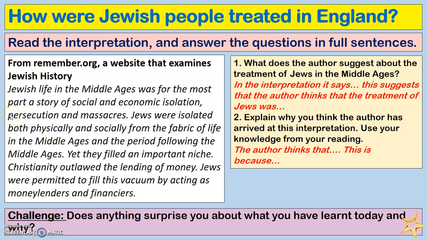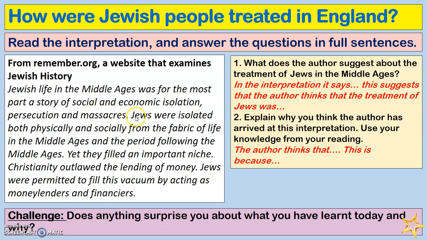Persecution, which means that they were treated really badly, and particularly for their beliefs, and massacres. So there was mass killing of Jewish people in the Middle Ages. Do not get this confused with the Holocaust, because that didn't happen in the Middle Ages. This is specifically talking about the Middle Ages here.